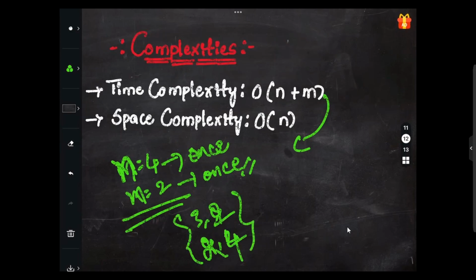These are the forbidden pairs. We will be processing n once and m pairs once accordingly with the approach. So both are in linear time. So the overall time complexity would be big O of n plus m.